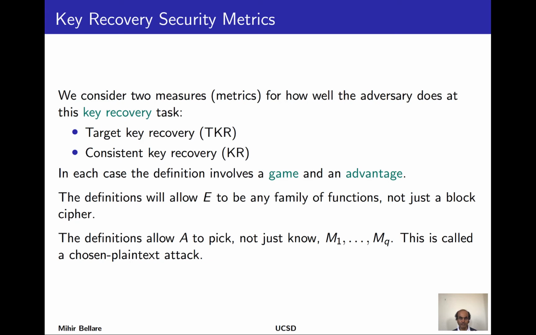In terms of terminology and also in terms of capabilities, we will ask, what are these messages that Alice picks as far as the attack games are concerned? And again, we make a choice that is common in cryptography, but one has to get used to it, which is that in our definitions, the adversary picks them. And this is called a chosen plaintext attack.